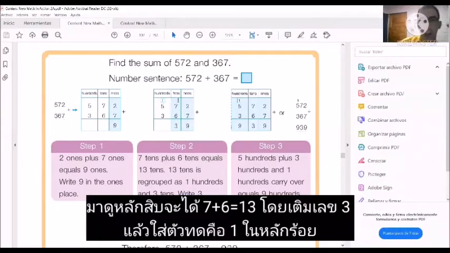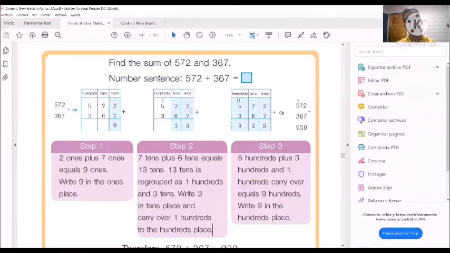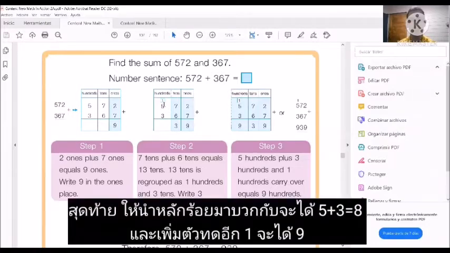And finally, we got here 7 plus 6, 13. Number 3 still in tens place. Number 1, we move it to hundreds place. Finally, hundreds place. Okay, let's read step 3. 500s plus 300s and 100s carry over equals 900.